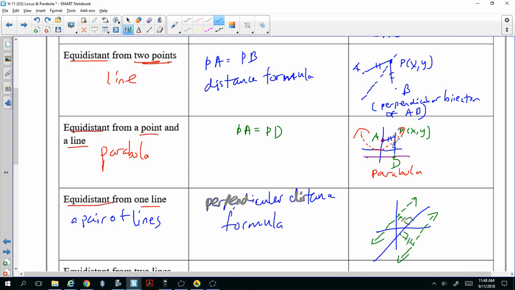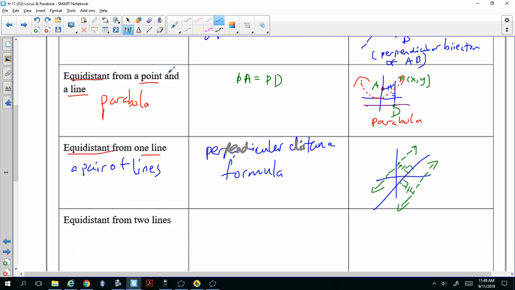Next one, what's the other one? What if you get equidistant from 2 lines? We didn't do that example, but I will show you now. You get that in the textbook. So you still get a pair of lines. But the difference is, the first one is a pair of parallel lines, and this one is a pair of intersecting lines.